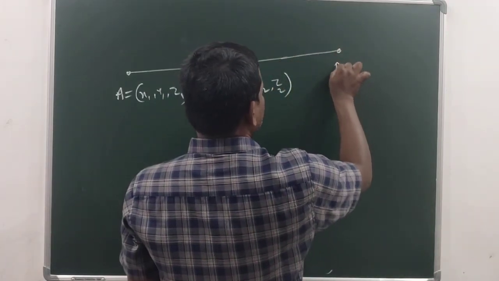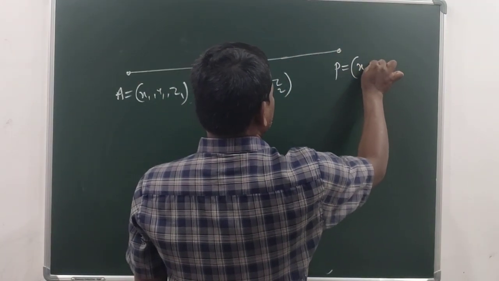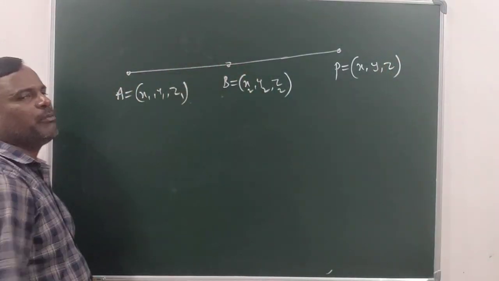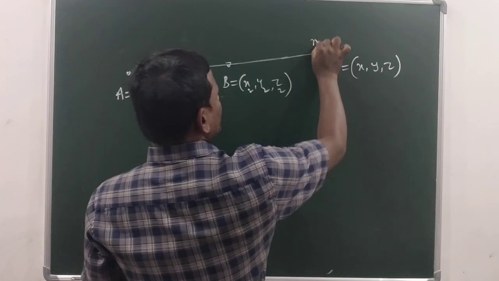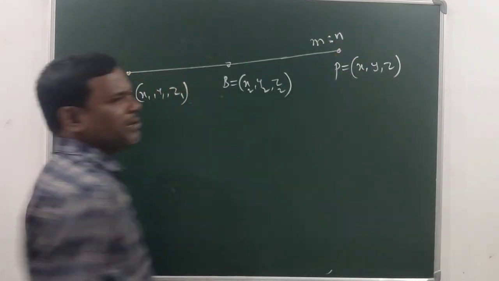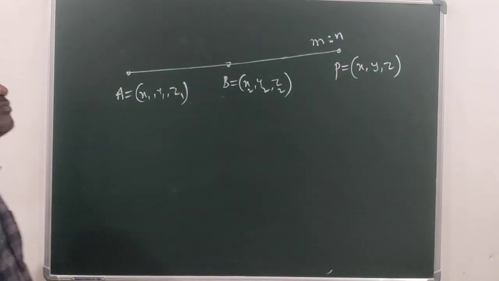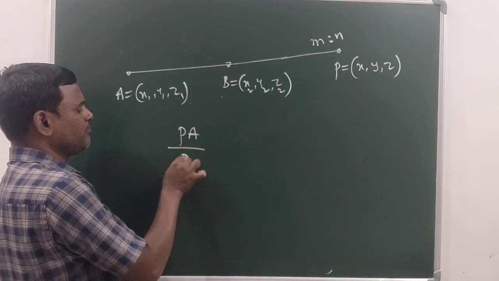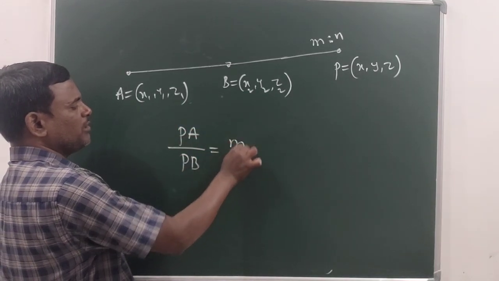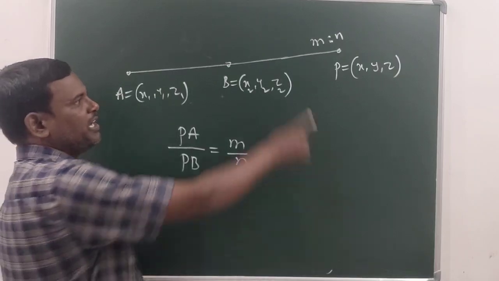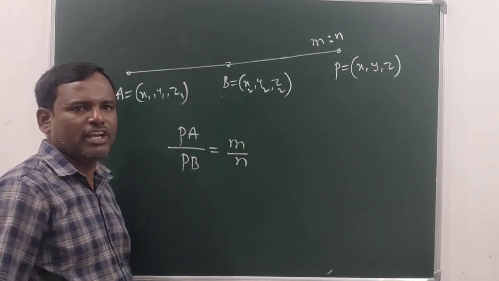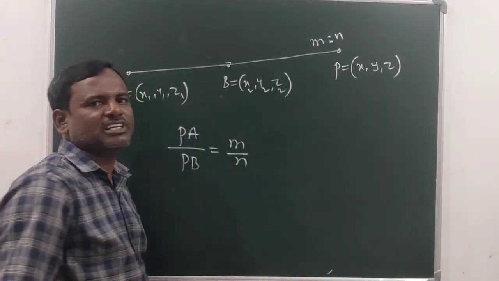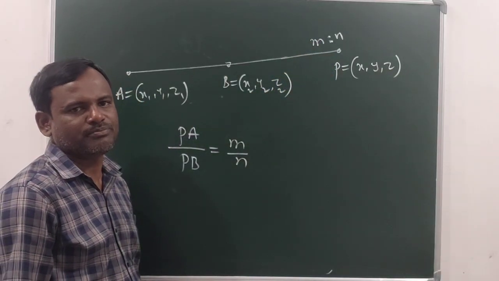Here somewhere P is there, whose coordinates are x comma y comma z. Now P is dividing AB externally, m is to n. Here PA by PB is equal to m by n. So P is the external portion of AB. Hence you have to represent that ratio with a negative sign.